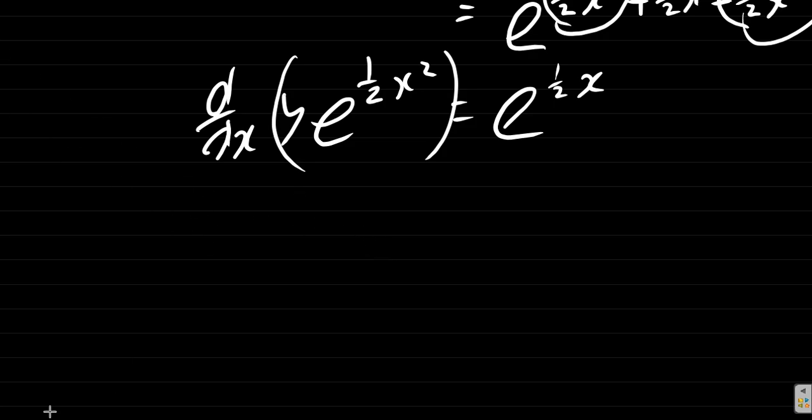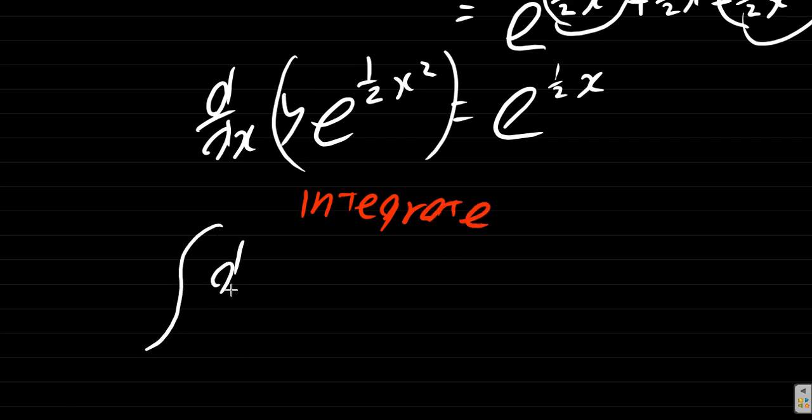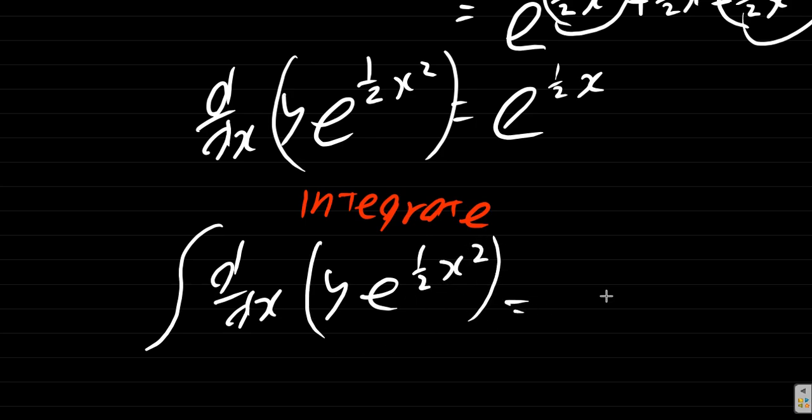So the next step is to integrate. So the integral of d by dx of y e to the half x squared is equal to the integral of e to the half x. All right.